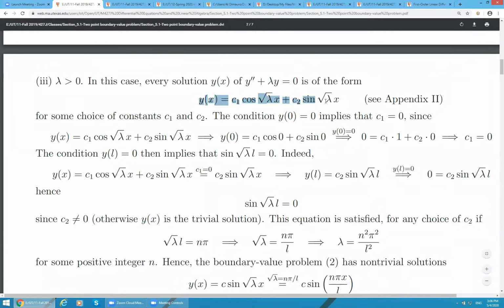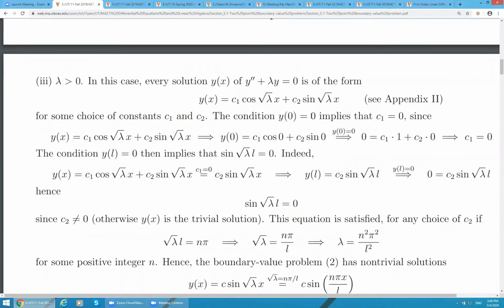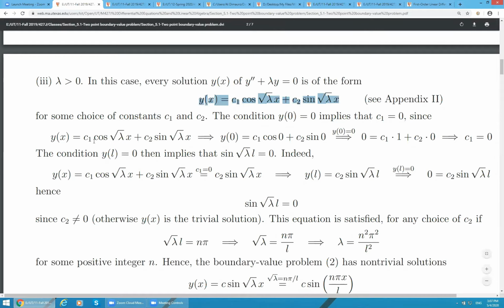It's exactly what is written here. Now it's time to find C1 and C2. Step 1, use condition number 1, y of 0 is equal to 0. The goal is to show that this condition implies C1 is equal to 0. Here's why. Copy what is written here over here, and then replace x by 0 everywhere.